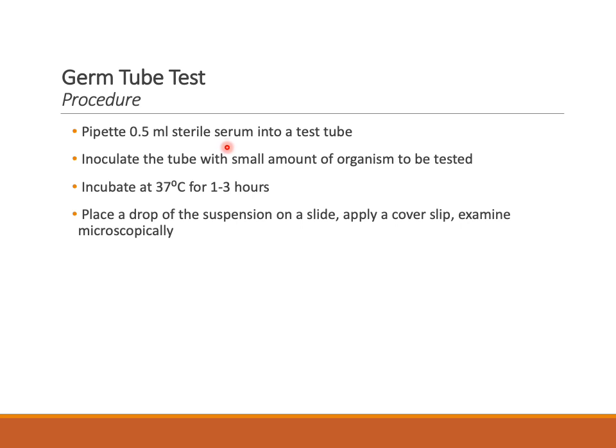If you want to know whether the Candida organism you are suspecting is Candida albicans, you do this test, and then incubate at 37 degrees Celsius for 1 to 3 hours. After this time, add a drop of the suspension on a slide, apply a cover slip, and examine microscopically. So how does the germ tube look?